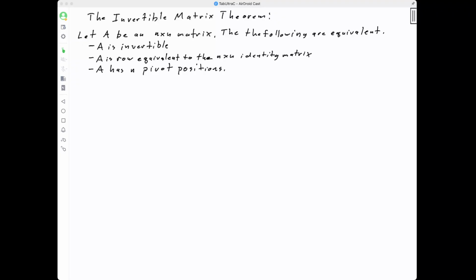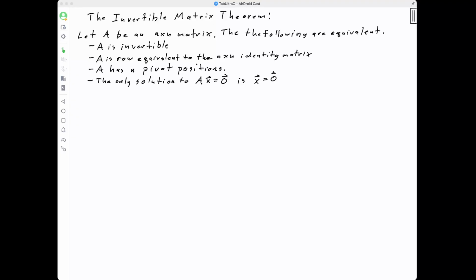The next is that the only solution to the matrix equation AX equals 0 is the trivial solution x is equal to 0.